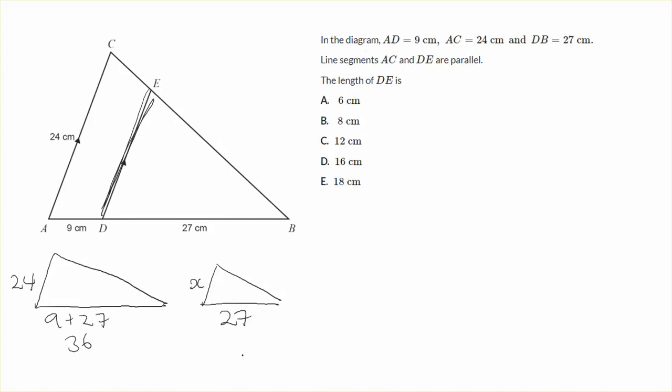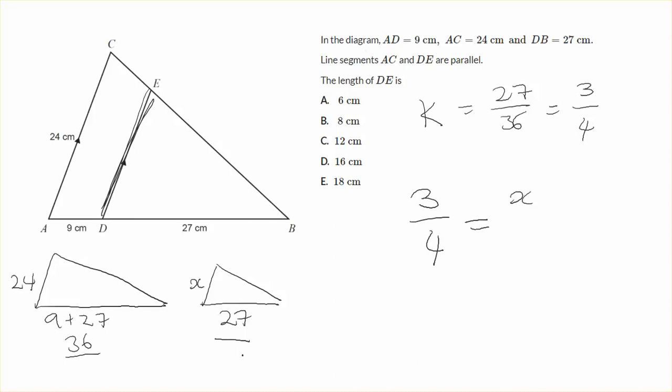So again, I'm just using K, scale factor, length to length. I'm going to write my equivalent sides, which are 36 over 27. I'm going to simplify that: 9 goes into that 3 times, 9 goes into that 4 times. So now that I have K and I want to find a length, I'm just going to use K. I just set up two equivalent fractions: 3 over 4 equals x over 24.